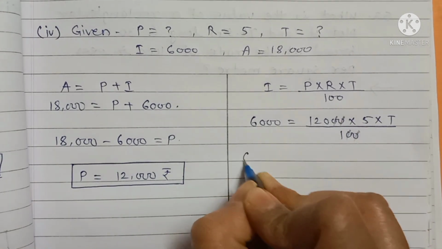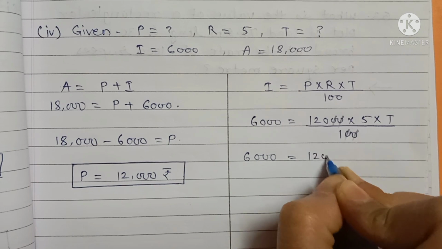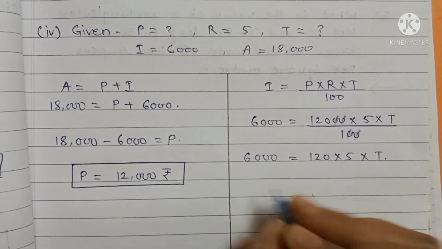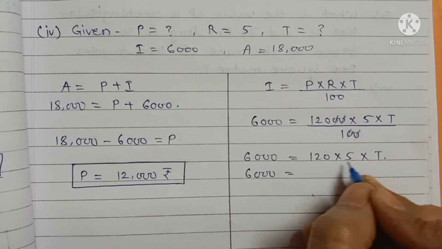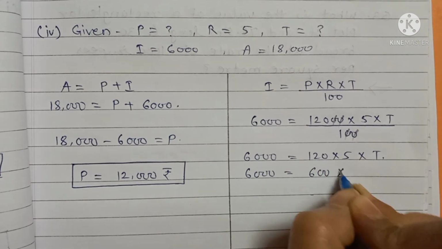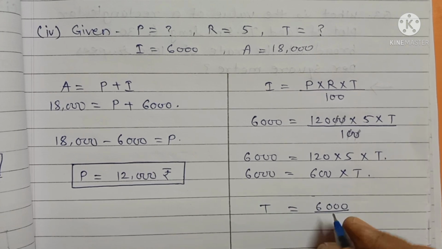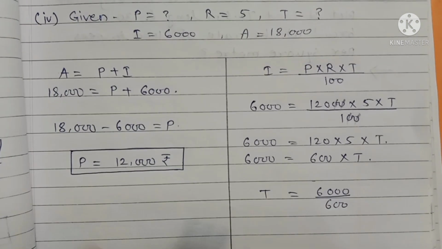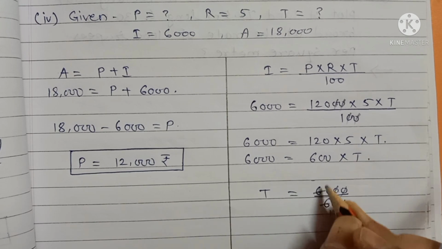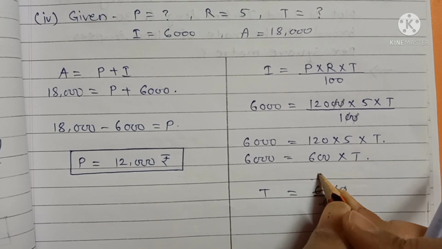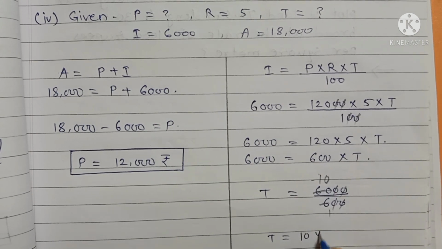Now 6,000 is equal to 120 multiplied by 5 is 600 into T. Now T is equal to 6,000 upon 600. 0, 0 cancel. 6 ones are 6 and 6 tens are 60. Means T is equal to 10 years.